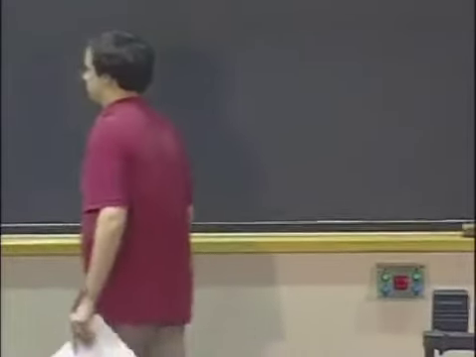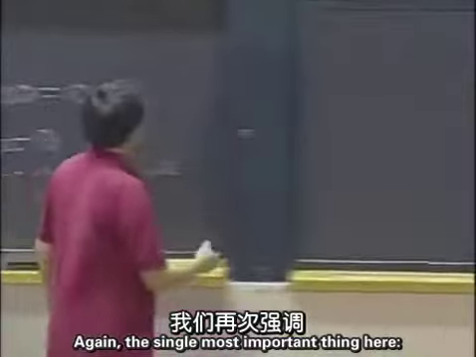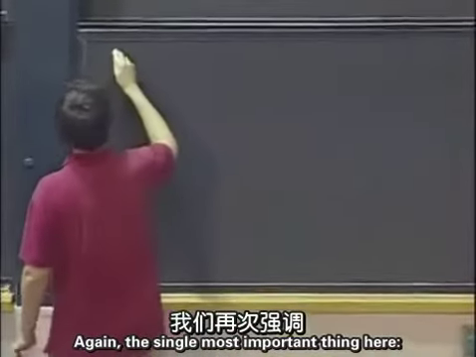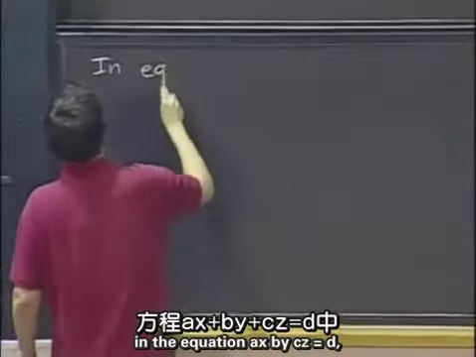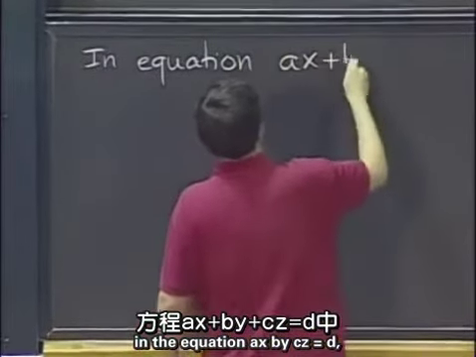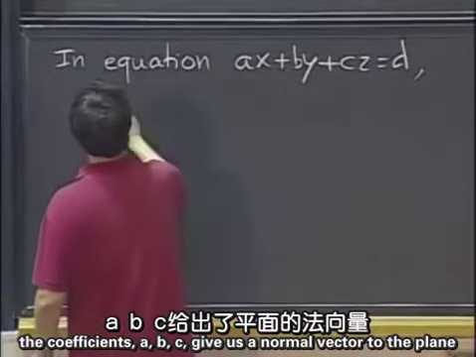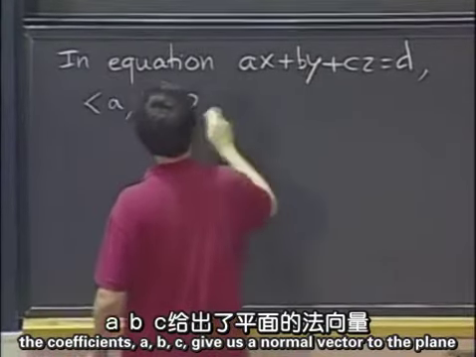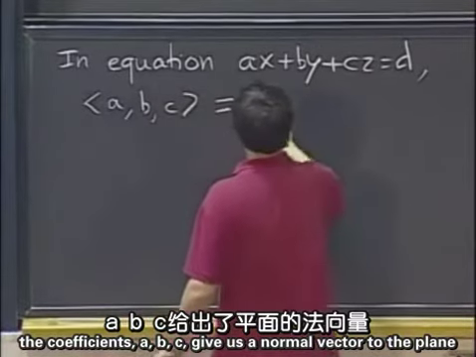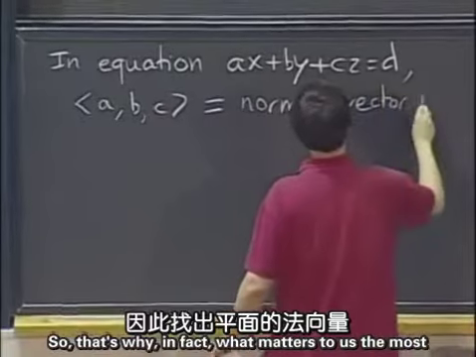So, again, just to repeat the single most important thing here, in the equation ax plus by plus cz equals d, the coefficients a, b, c give us actually a normal vector to the plane.